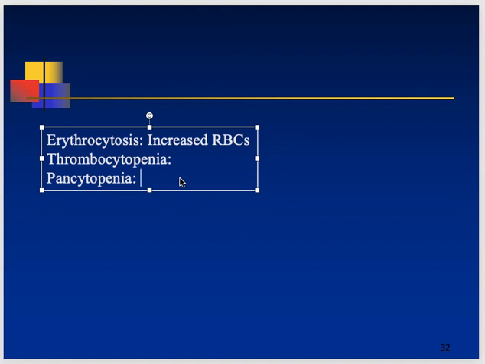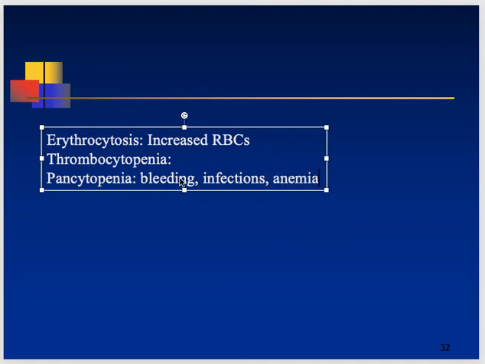WBCs less, infections. Platelets less, bleeding. So these patients will present with bleeding, a lot of infections or recurrent infections, as well as anemia.